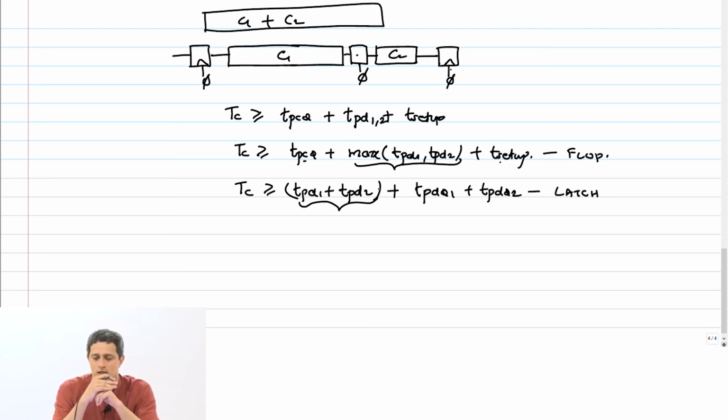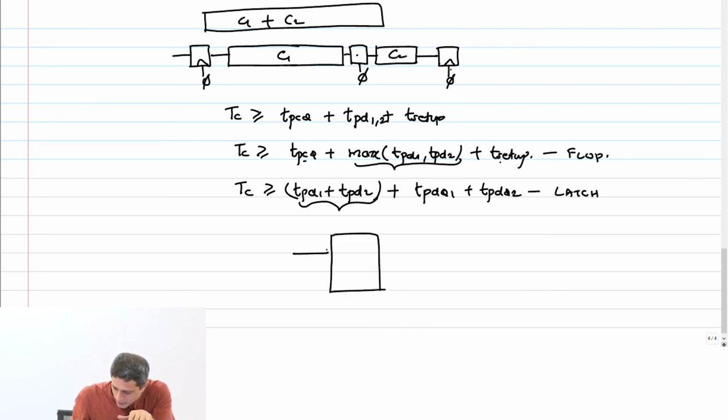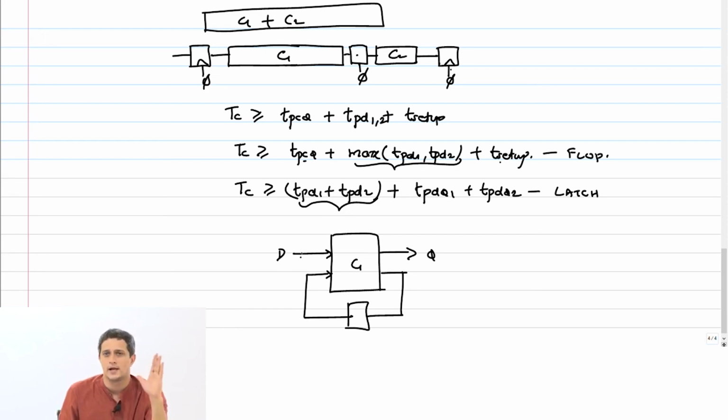Okay. So now let's look at the case I was talking about, where I am not allowed to borrow time across cycles. So look at this system. I have a finite state machine like this, with block C1.